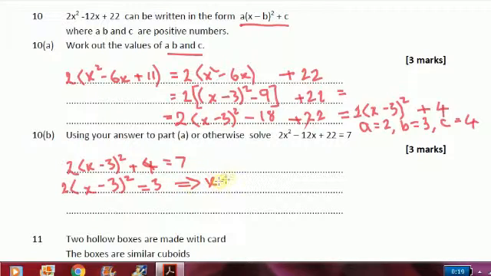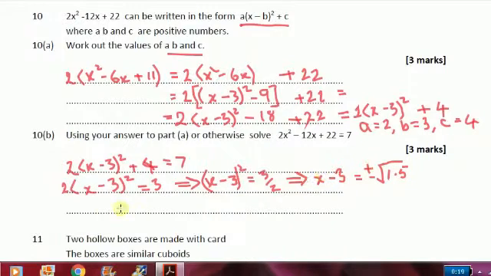Now I can divide by 2 on both sides. I get x minus 3 squared equals 3 over 2, or 1.5. So x minus 3, take the square root of both sides, it's going to be the square root of 1.5, plus or minus, don't forget the plus or minus.